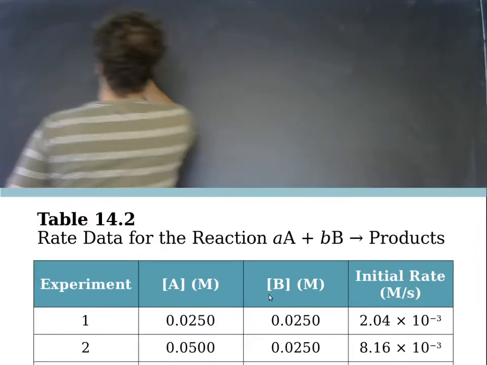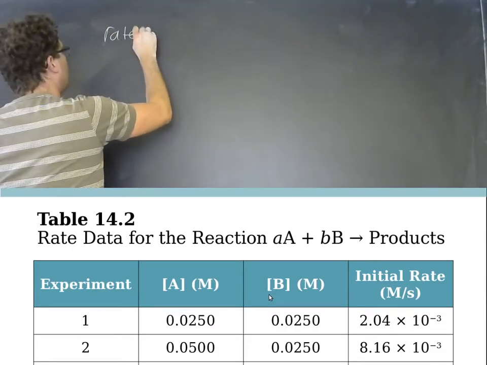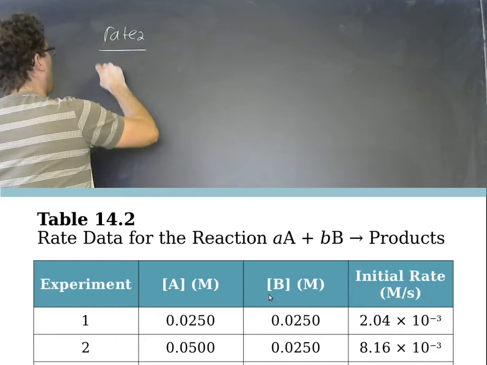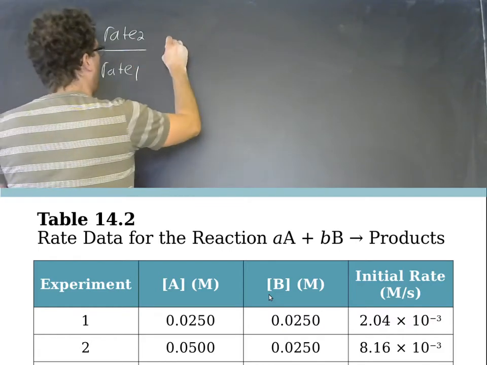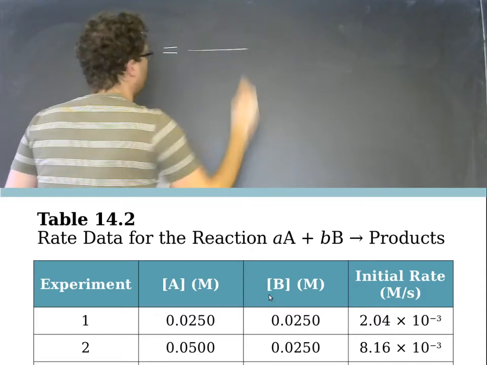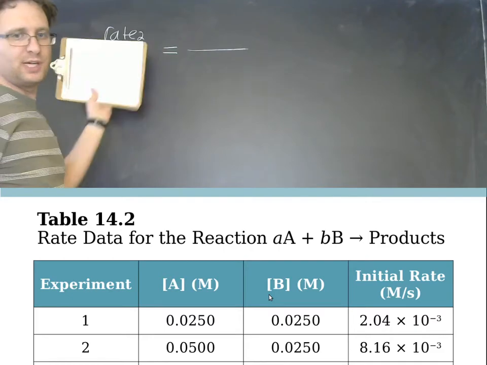If I take the ratio of rate 2 over rate 1, I can set up this ratio. And what is rate 2 equal to?